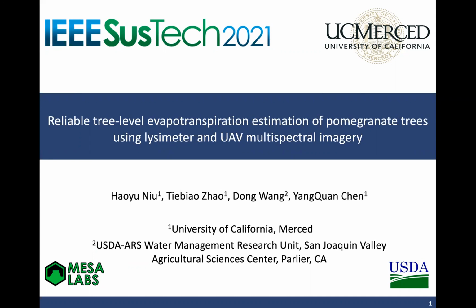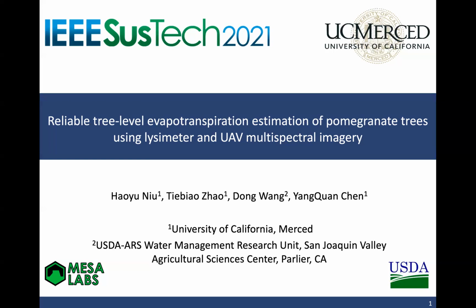In the past few years, unmanned aerial vehicles, also called drones, have been widely used in precision agriculture applications, for example water stress estimation, pest monitoring, and crop yield estimation, mainly because of the development of UAV technology and remote sensing sensors.